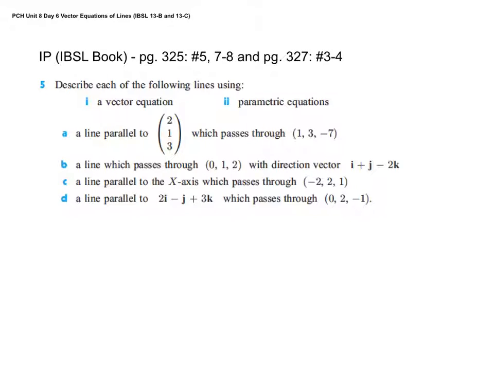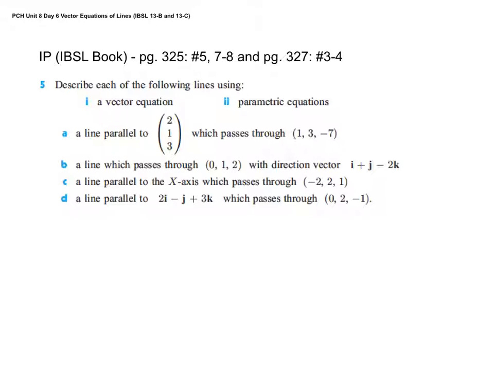Alright, so that's really it for new stuff today. I want you to get used to working with these and used to seeing the vector equations and the parametric equations. So I've given you a few of these. These are not all part of the required IP, but there's extra practice if you want. Look in your required IP document for the ones that are required. Notice on each of these, you're given a velocity.